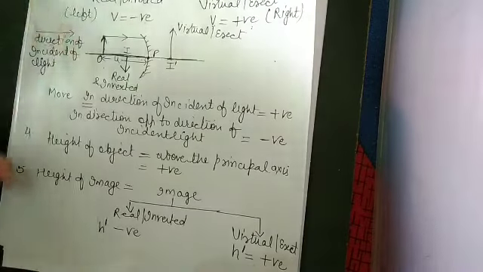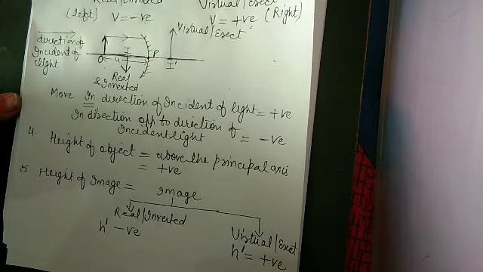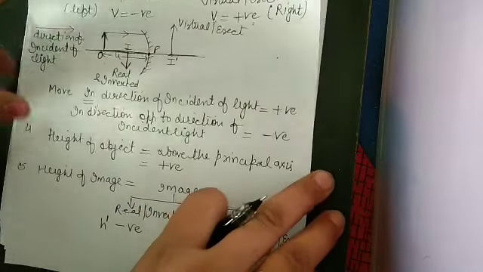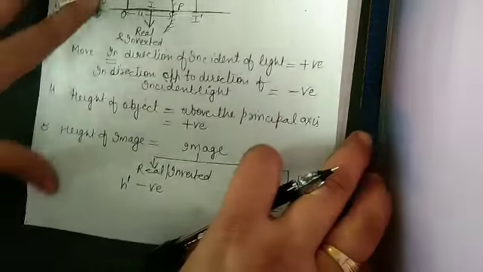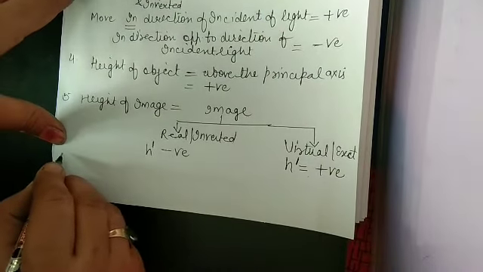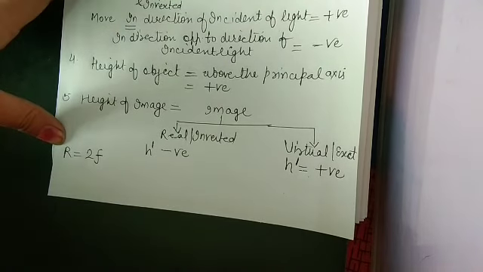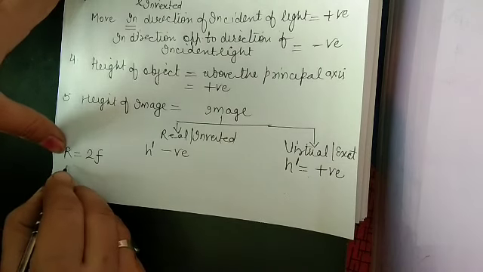So these points are nothing new. These are following the laws of sign convention that I have provided you in my previous videos. What formulas are to be noticed here? R is equal to twice of F. Radius of curvature is twice of focal length. That is our first one.